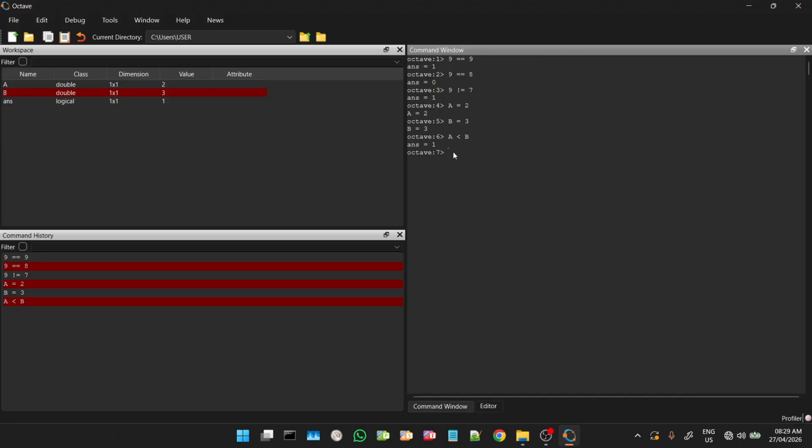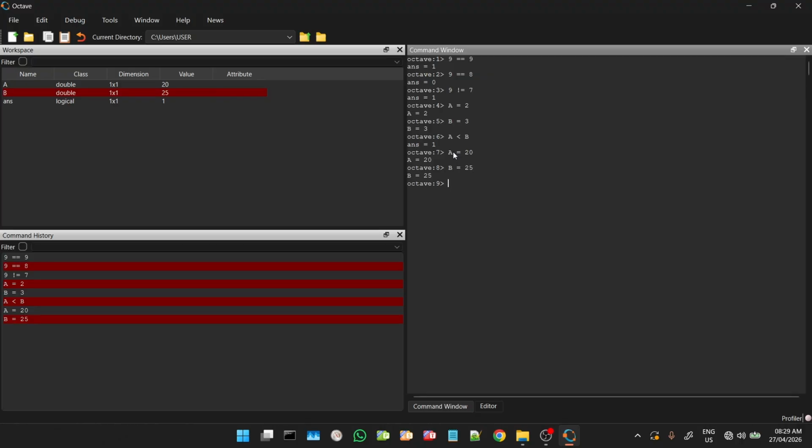Now we will also learn about logical operators. Let's say we change a to 20, and we also have b equal to 25.